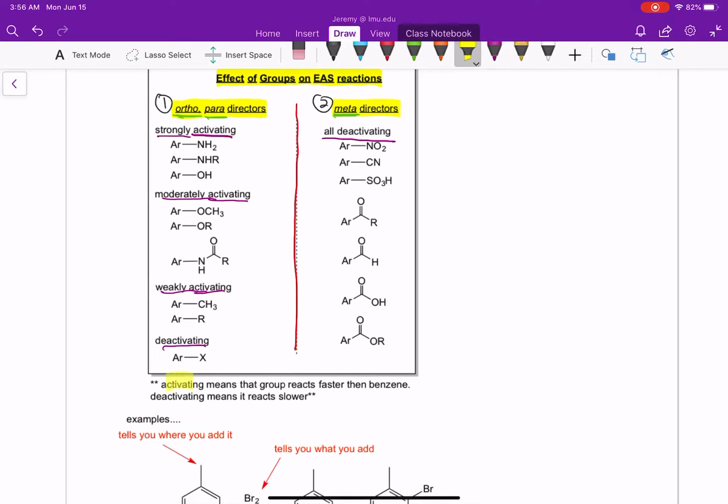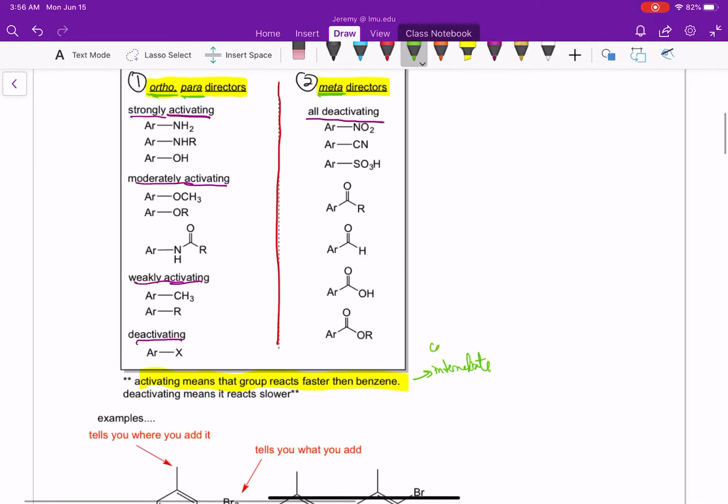Activating means that the group will react faster than benzene, because the carbocation intermediate will be more stable than the intermediate we have for benzene.